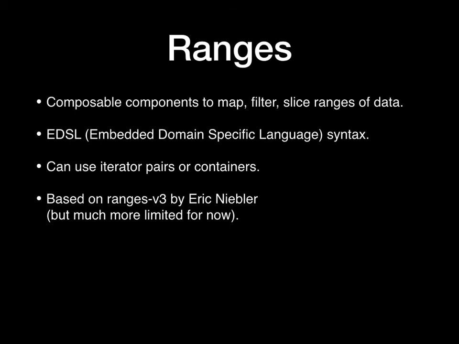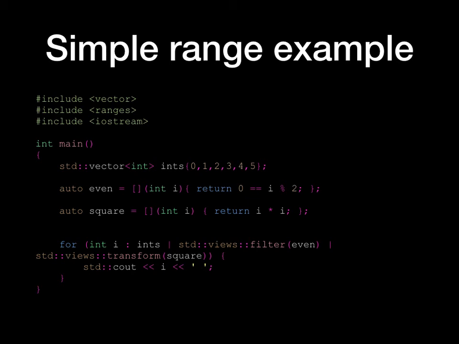Okay, so a simple range example. We start with a simple vector of int with 6 values, and we'll define two functions. Our filter lambda, that checks if a number is even, and our transform lambda, which squares a number.